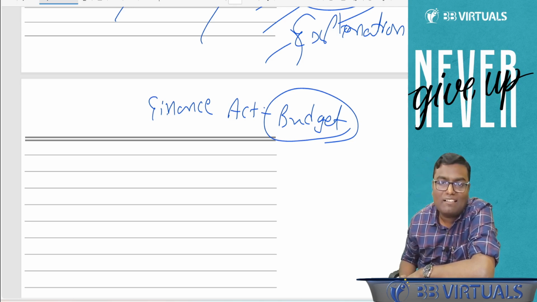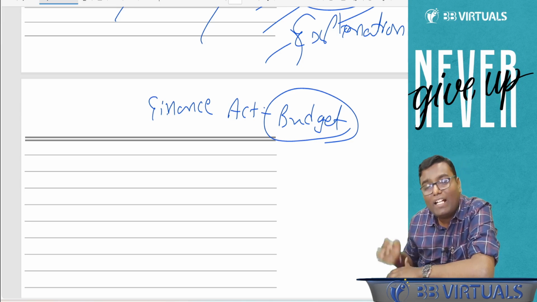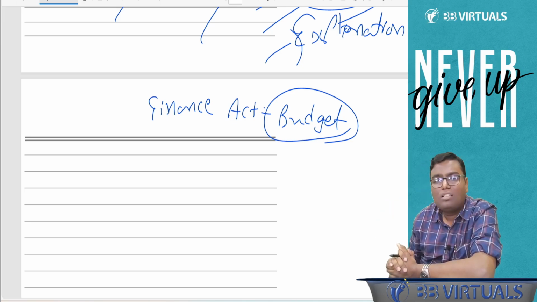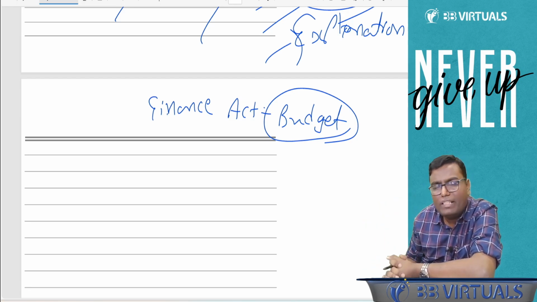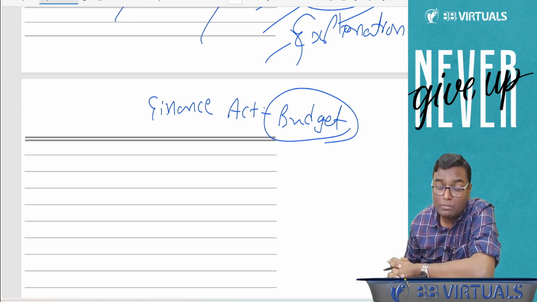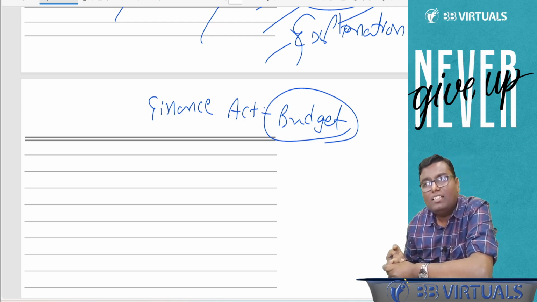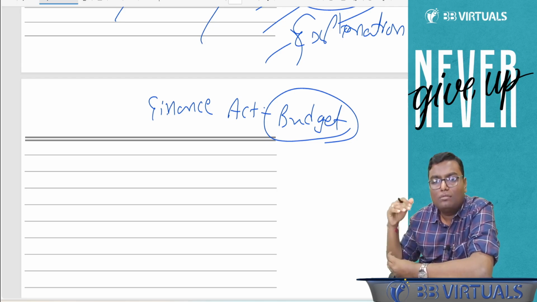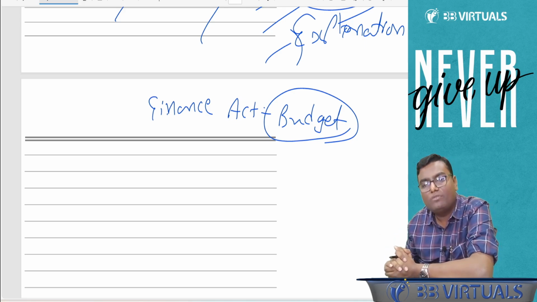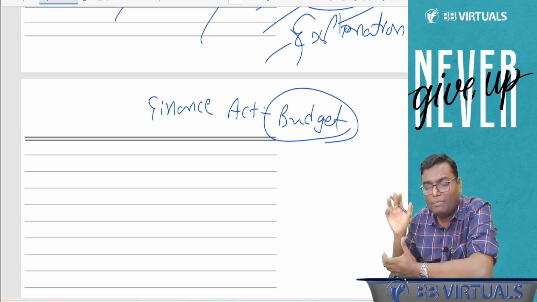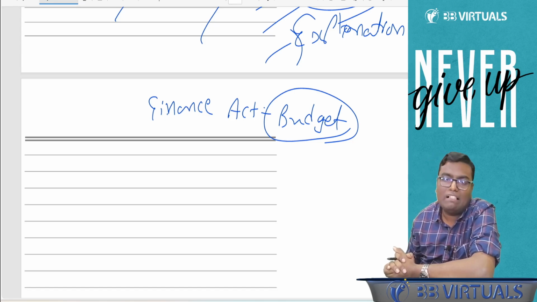the Ministry of Finance. Who is the head of the Finance Ministry? The Finance Minister. Who is the Finance Minister as of now in our country? Nirmala Sitharaman. Earlier, Arun Jaitley sir was there in the BJP government. Prior to that, the Congress government was in the centre, and P. Chidambaram was the finance minister.